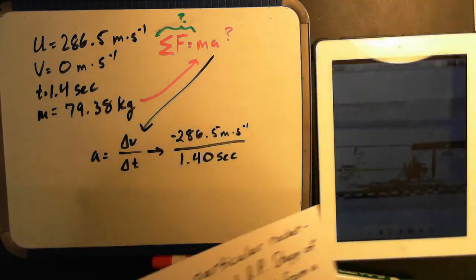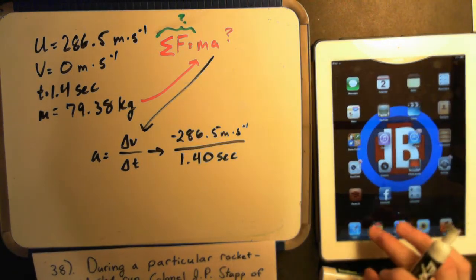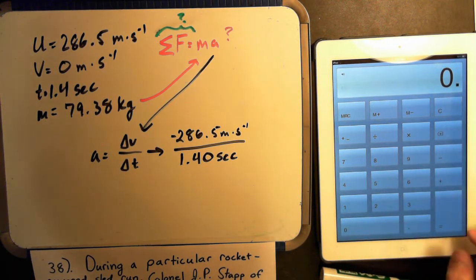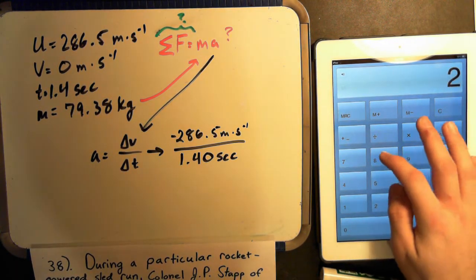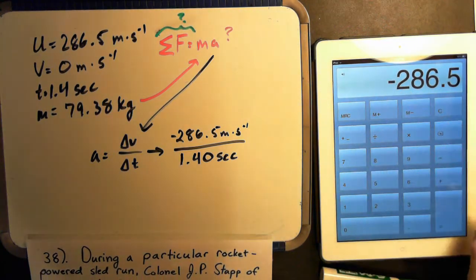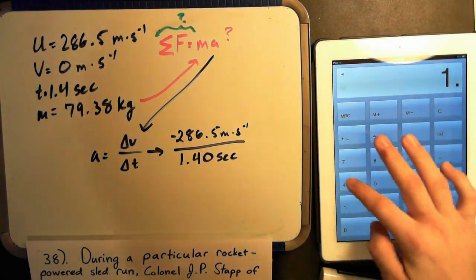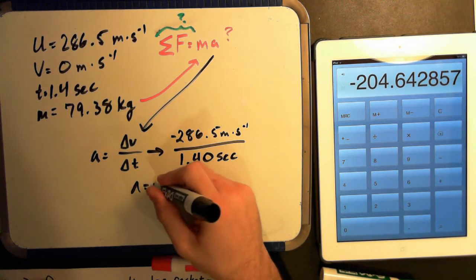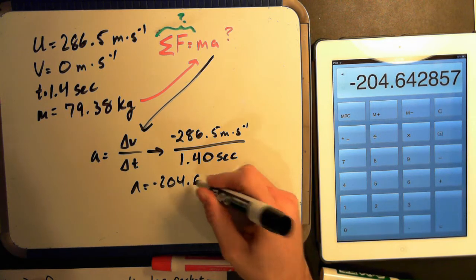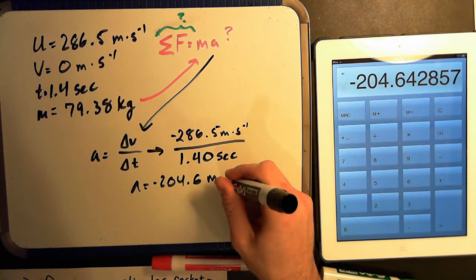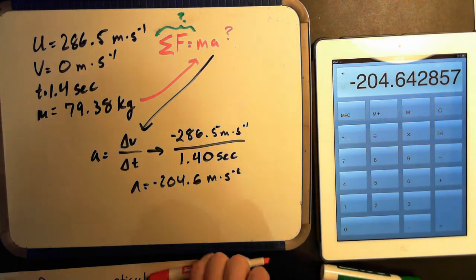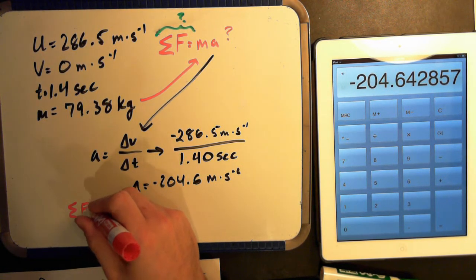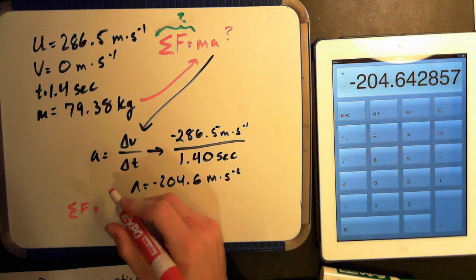And let's put this in our calculator here. 286.5, make that negative, and divide that by 1.4, and that's going to equal our acceleration, which is equal to negative 204.6 meters per second squared.